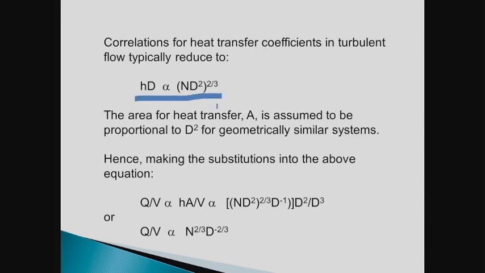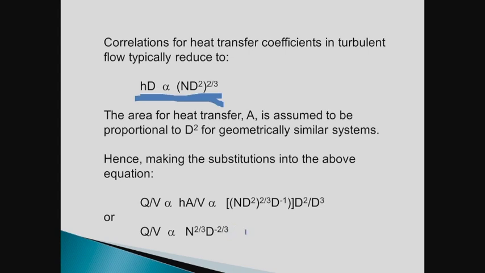So we go to our heat transfer correlations. It reduces down to that. We substitute in: area is D squared, volume is D cubed. The heat transfer coefficient pops right in here by rearrangement of this equation. Or we quickly find out heating per volume is N to the 2/3 D to the minus 2/3.